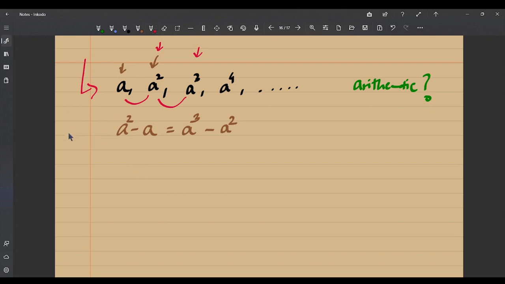So now that we have this equation at hand, let us manipulate this and play with it. First of all, I'm assuming of course that a is a real number. So a is any real number.